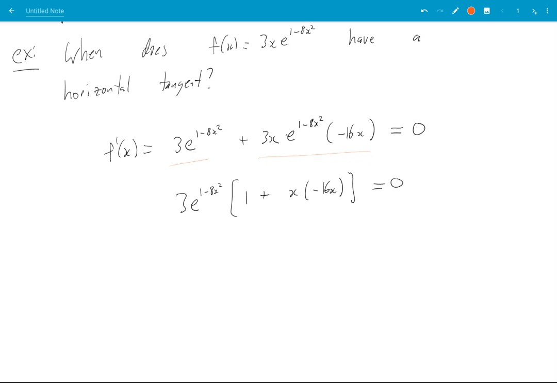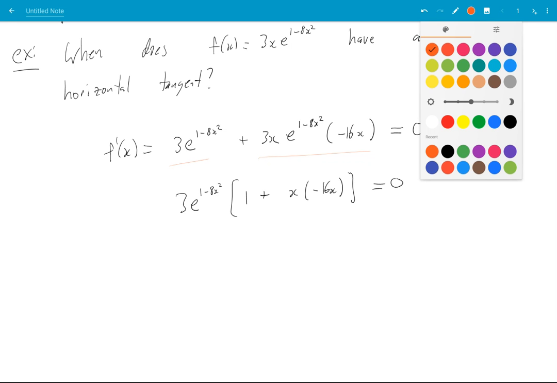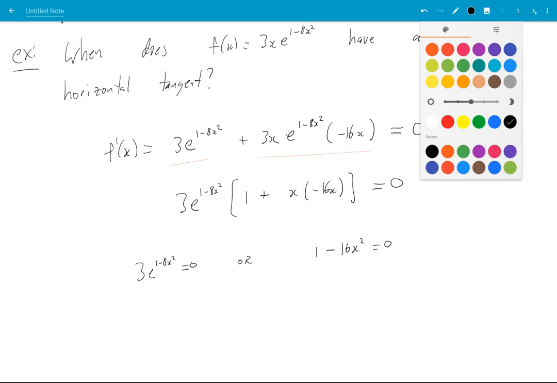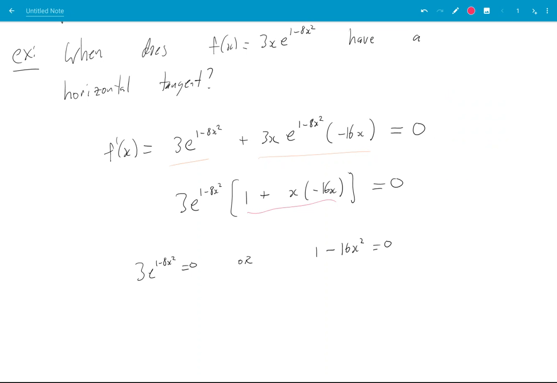Now we use a little piece of logic here. We say either 3 times e to the 1 minus 8x squared is equal to 0, or this, 1 minus 16x squared, is equal to 0.